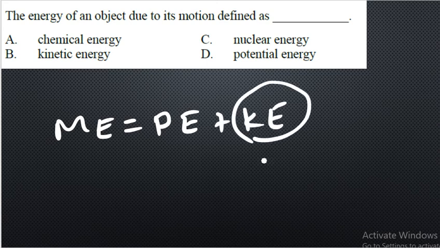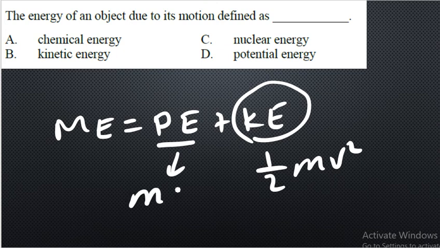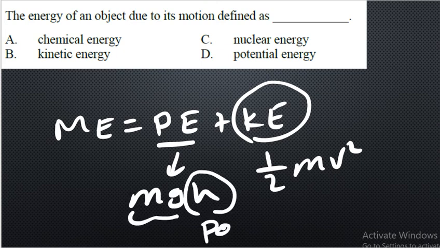Kinetic energy, the formula is half mv square, and potential energy is mgh. So m and g are constant, what matters is the height, so the position matters. If the object is at a higher level, the height increases, which means the potential energy increases. So the position matters with the object.